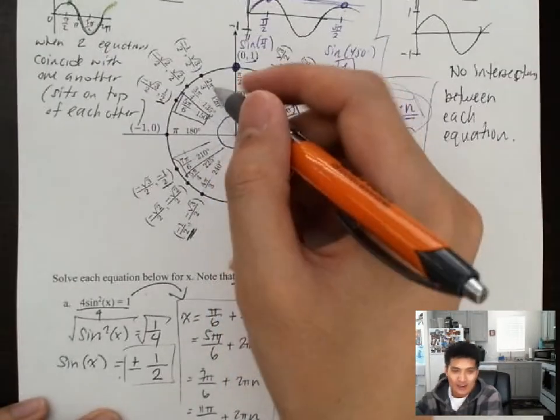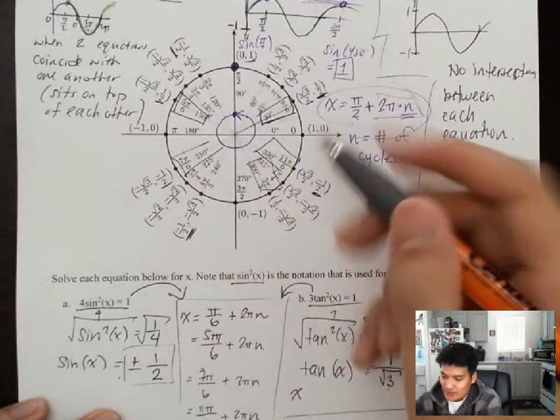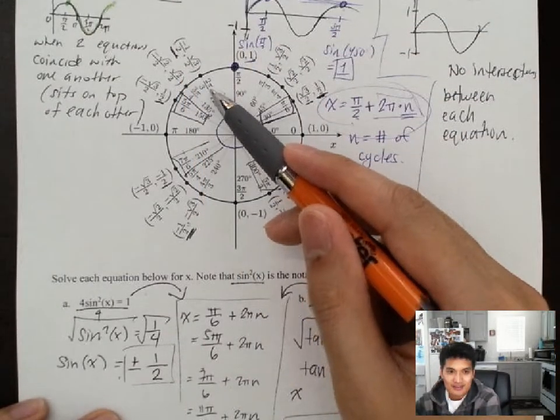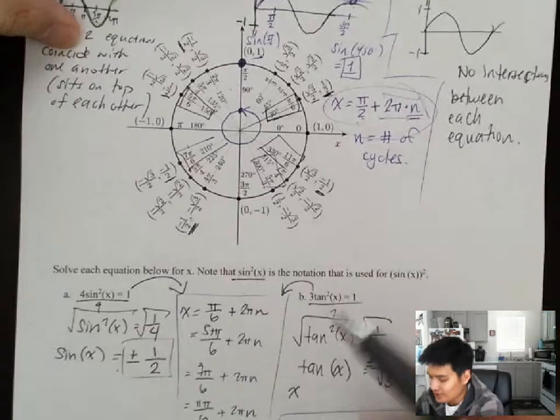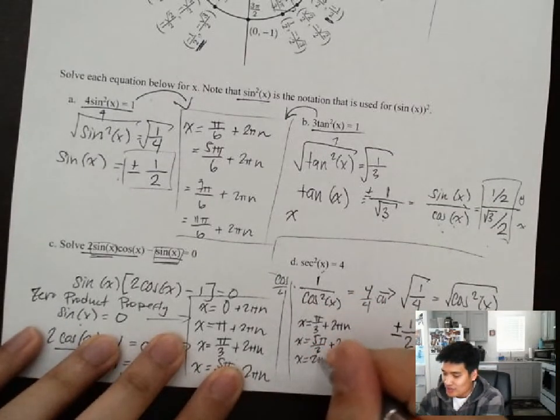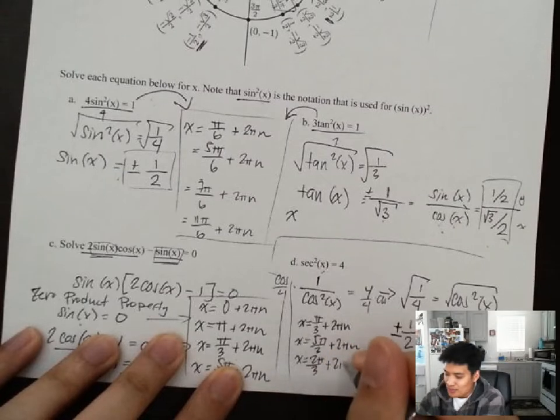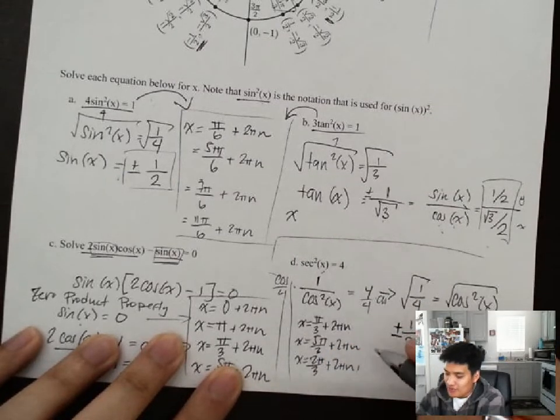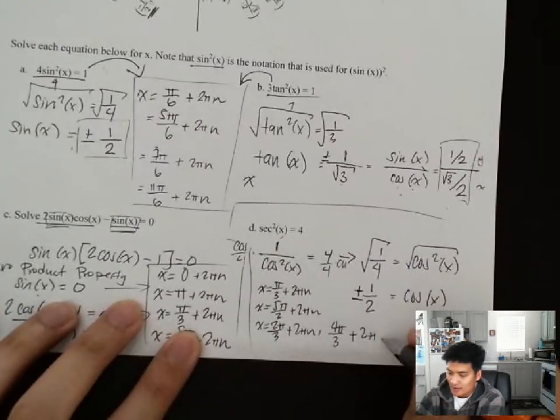We also have the other one right up here, which is at 2 pi over 3, and one at 4 pi over 3. So the other solutions are 2 pi over 3 plus 2 pi n, and the other one is 4 pi over 3 plus 2 pi n.